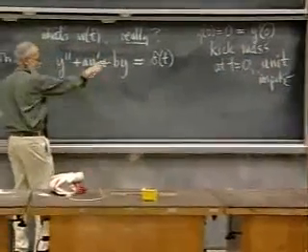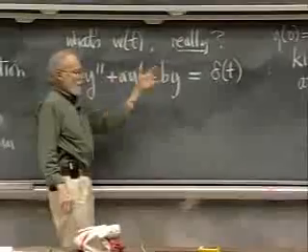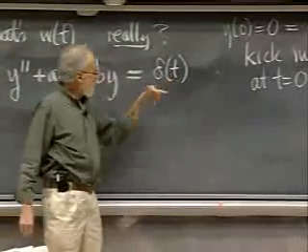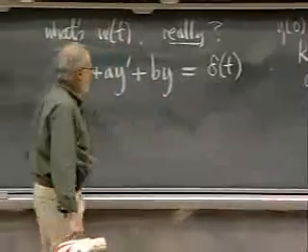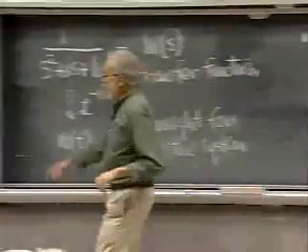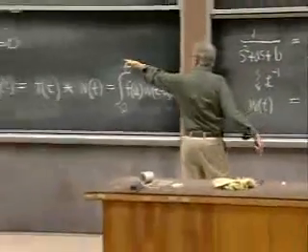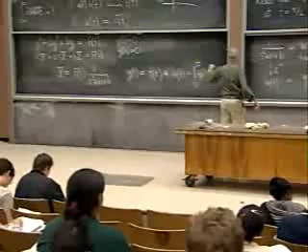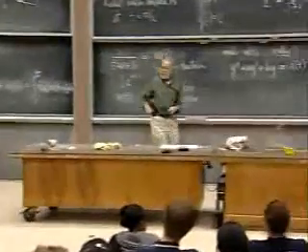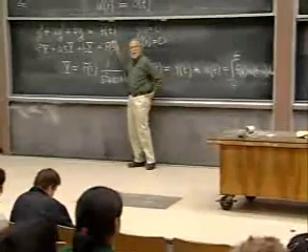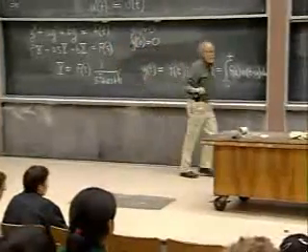Okay, so that situation is modeled by this differential equation. The kick at time 0 is modeled by this input, the Dirac delta function. And now what happens if I solve it? Well, you see, everything in the solution is the same, except on the right-hand side I should not have f of s here. Since this is the delta function, I should have 1.